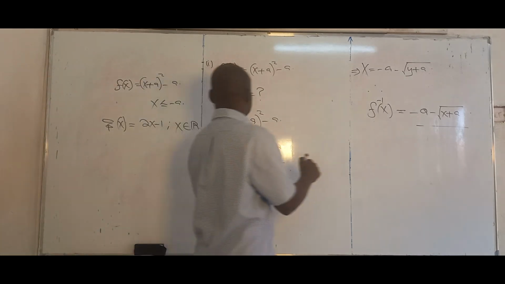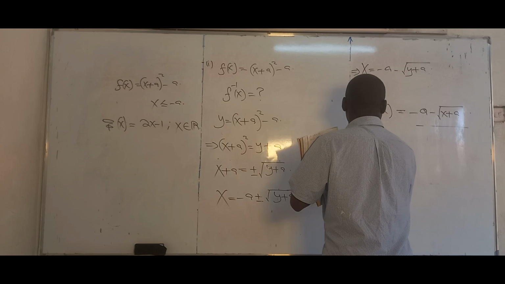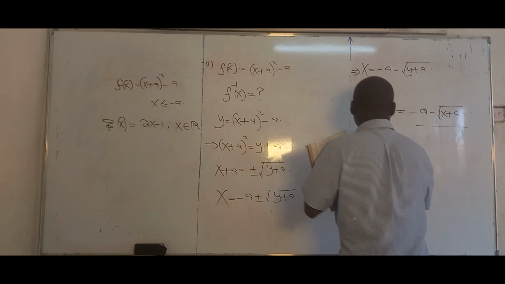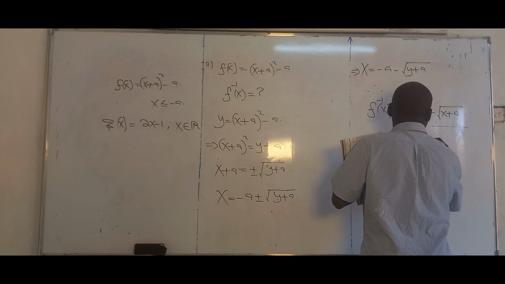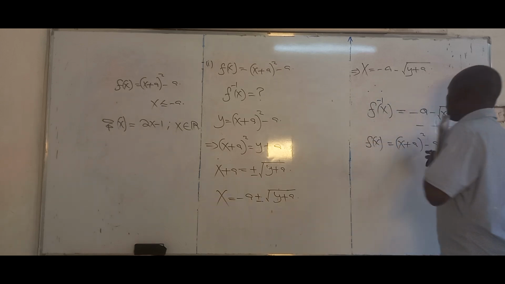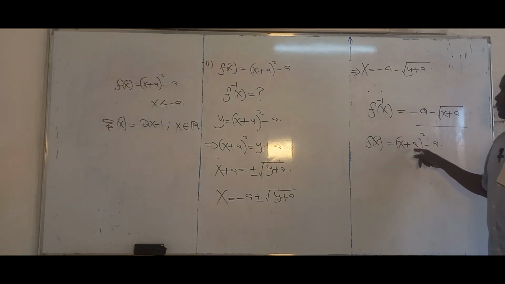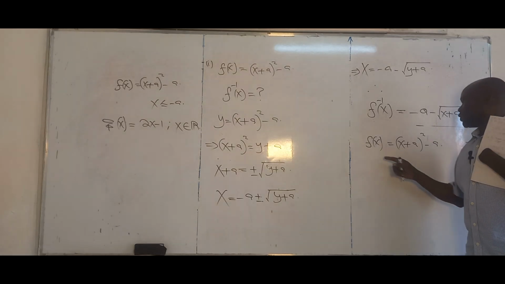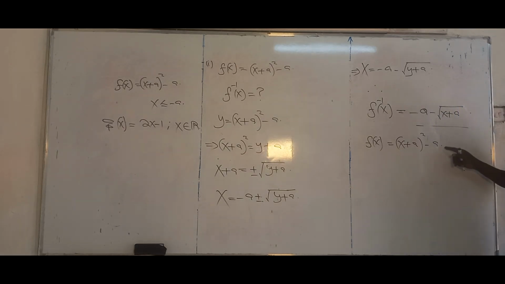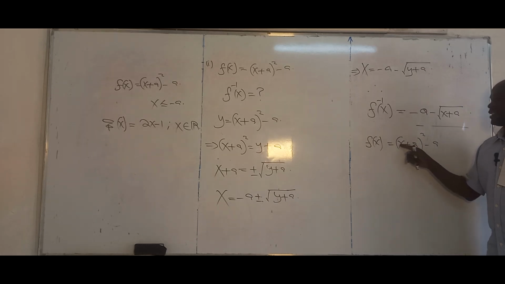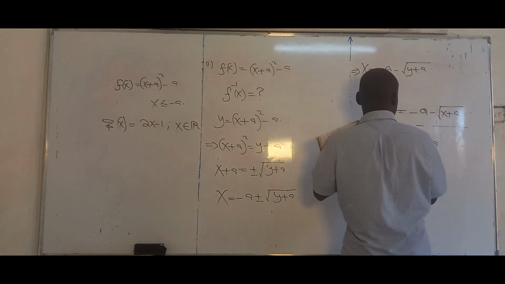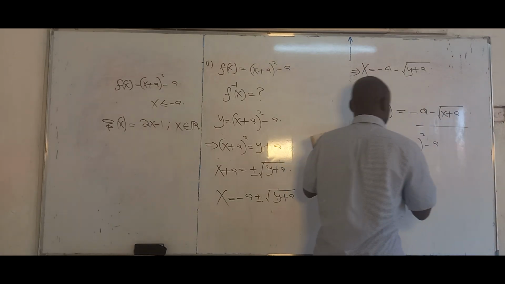Let's bring it here. So if I have f of x is equal to (x plus a) squared minus a. The minimum value that f of x can ever get to is minus a, in which case the whole of this is 0. And the whole of this can only be 0 if x itself is minus a, so that minus a plus a is 0.